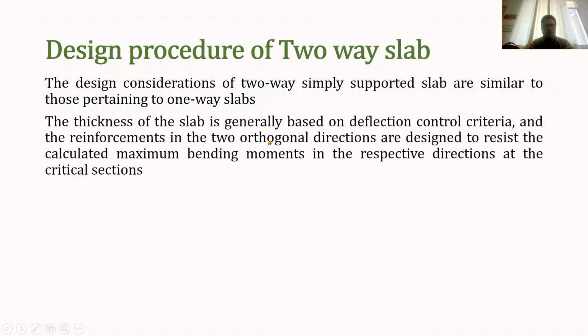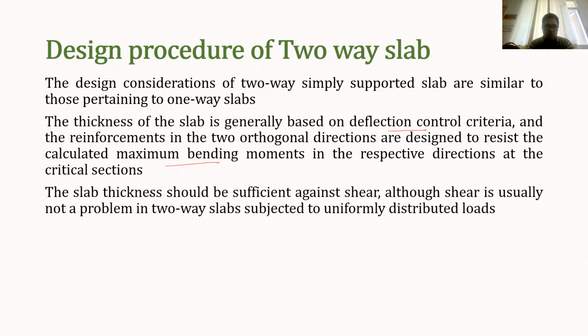Basically, the thickness of the slab is based on the same criteria as we followed in the one-way slab, that is the deflection control criteria, which means we find the L by D ratio, and based on that L by D ratio we do the initial estimation of the thickness of the slab, and then we check that thickness for the maximum bending moment.